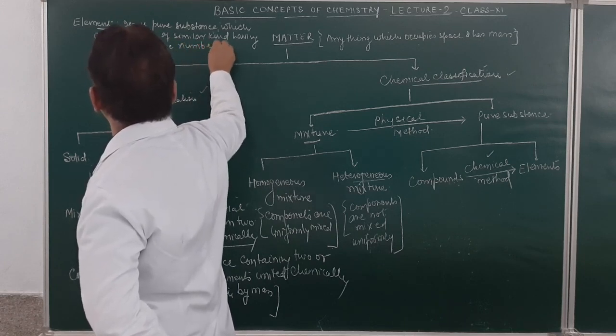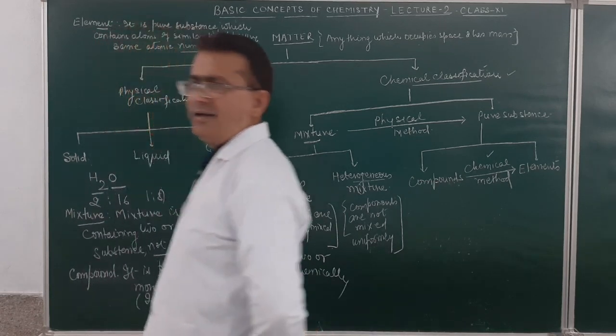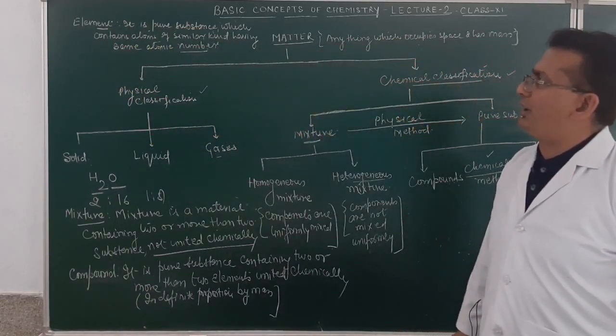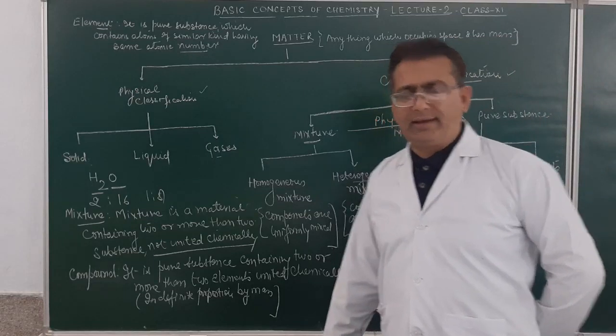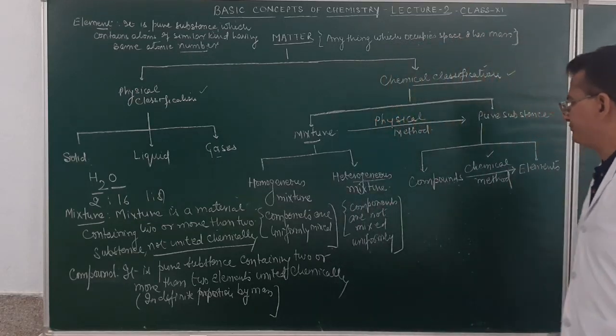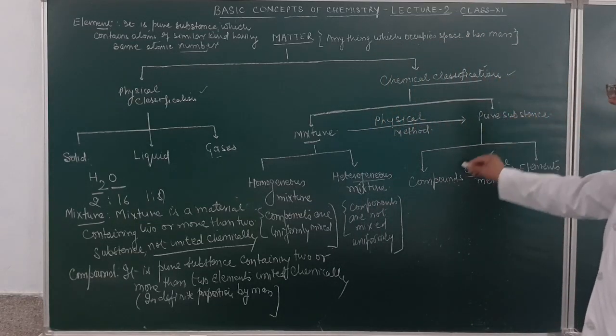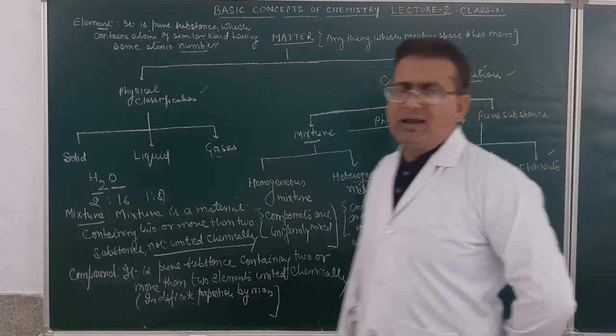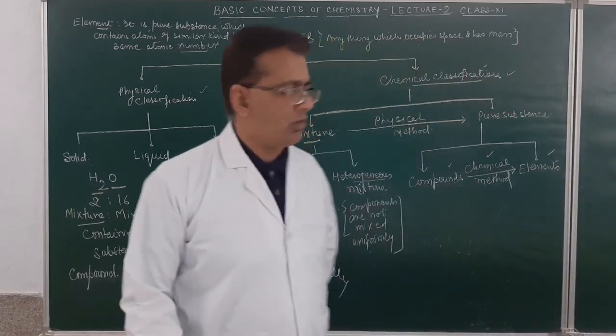Am I clear? Yes or no? So what is an element? It is a pure substance which contains atoms of the same kind having the same atomic number. Is it clear? So a pure substance can be classified into compounds and elements. How will you separate a compound into elements? By the chemical method of separation.